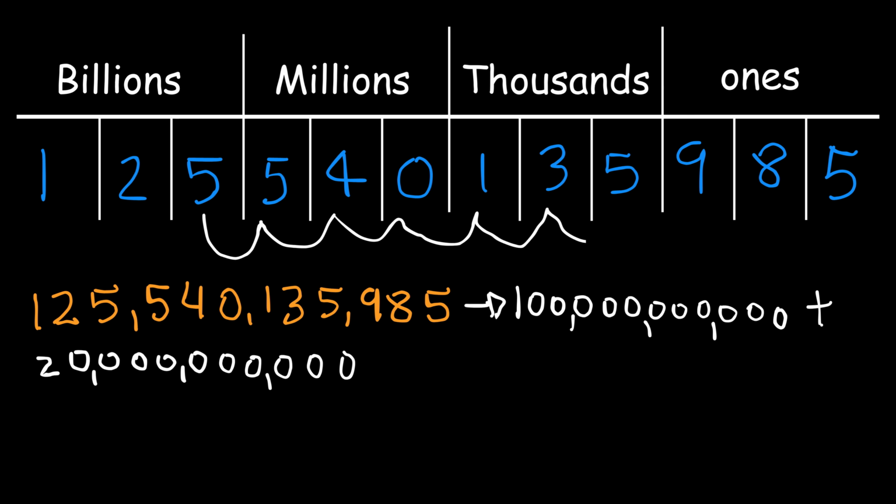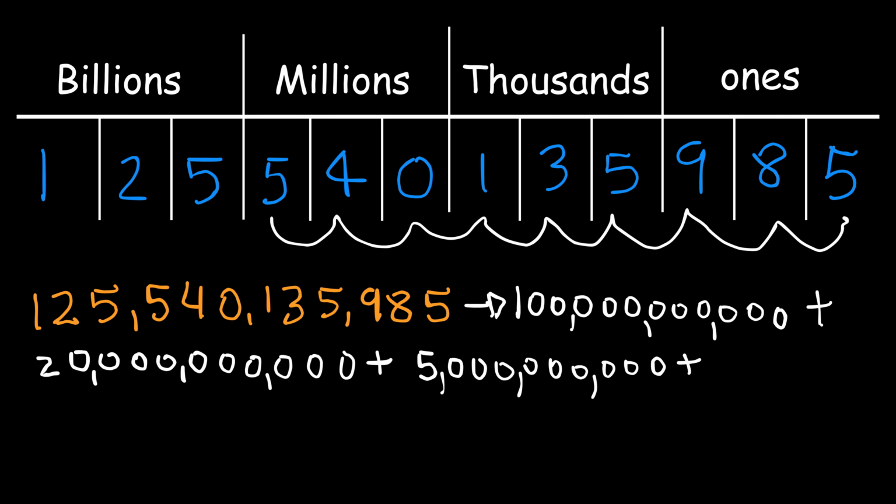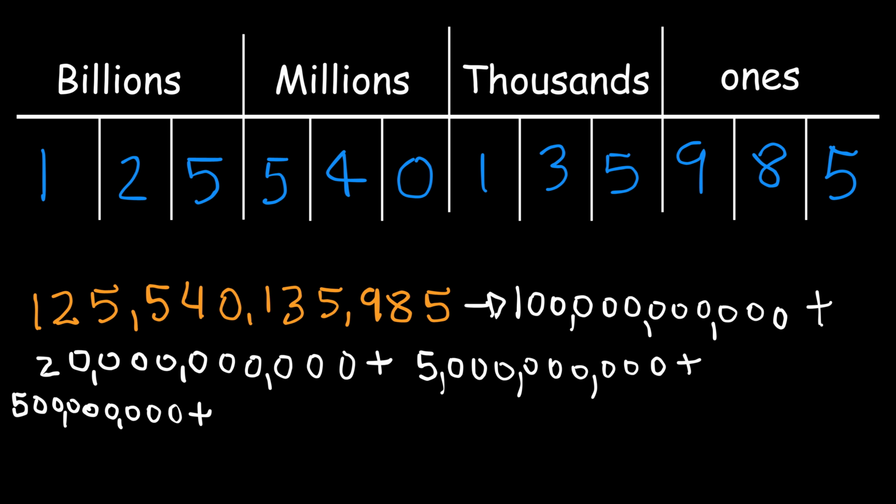Now, the 5, let's move towards the right. 1, 2, 3, 4, 5, 6, 7, 8, 9. The expanded form of this digit will be 5 billion. Now, the number 5, 1, 2, 3, 4, 5, 6, 7, 8, followed by 8 zeros, and this in expanded form is 500 million. Now the 4, it's under the tens millions.